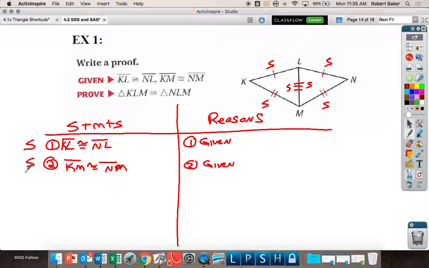So at this point, we've run out of given statements to describe. And then you said, wait, would you say line segment LM is congruent to line segment LM? Yes, and we have to justify why this is true. And it is just the reflexive property.